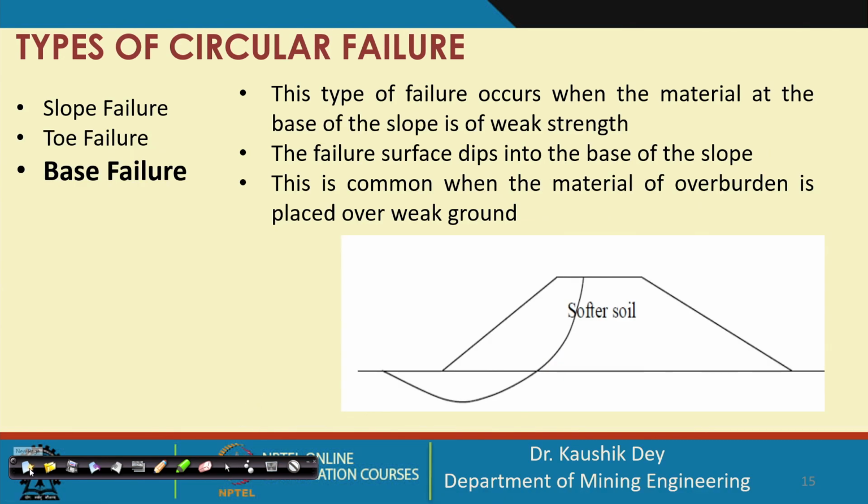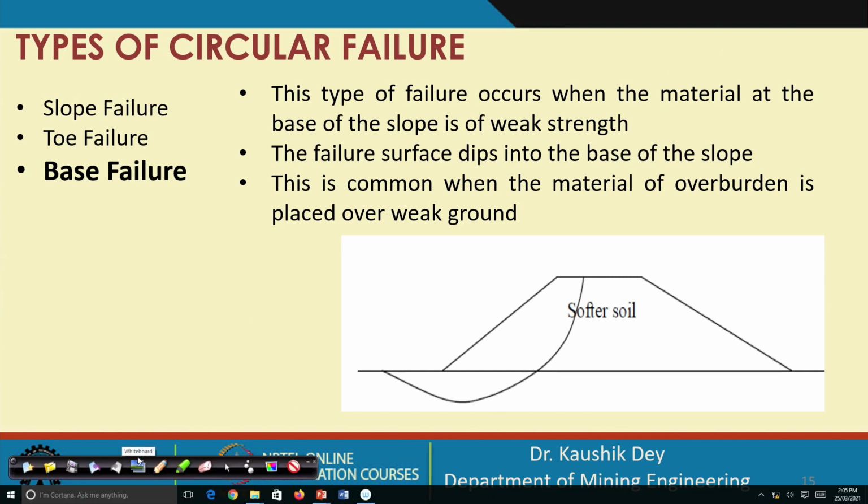And the third one is base failure. Base failure occurs when the floor material is very weak. So, if this material is very weak, in that case it cannot withstand the load. So, this tries to heave at this position, and in this way the complete rock mass slides down towards this.